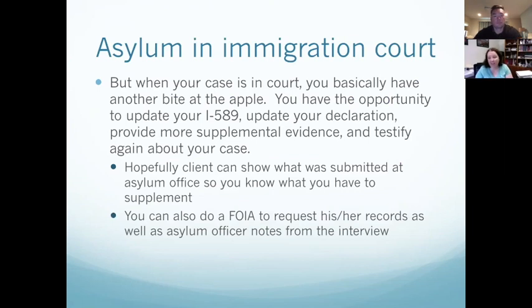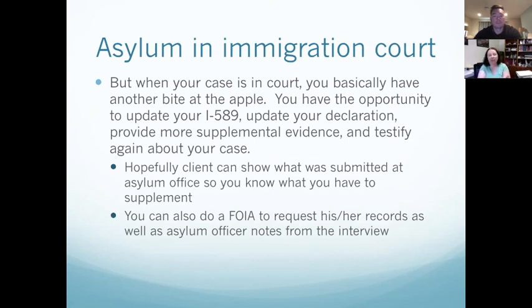And I think evidence is even more important in immigration court, because at this point you're building your record. Everything that you submit in immigration court will go forward in the case if the case is denied. So if the case goes up to the Ninth Circuit, everything you submit at immigration court will be in that certified record. You really want to build your record in front of immigration court.